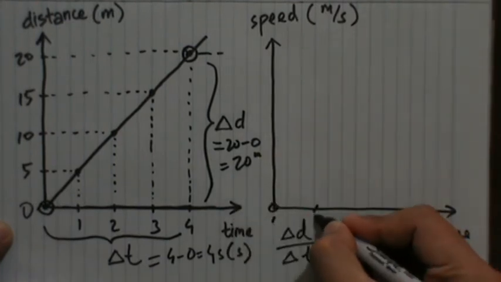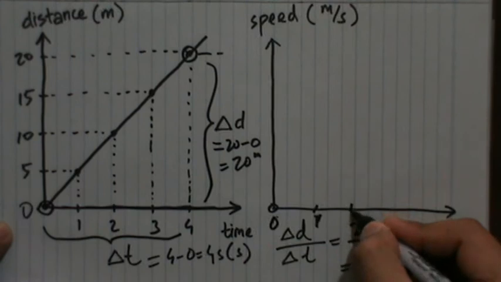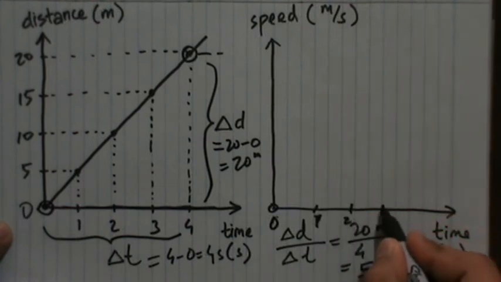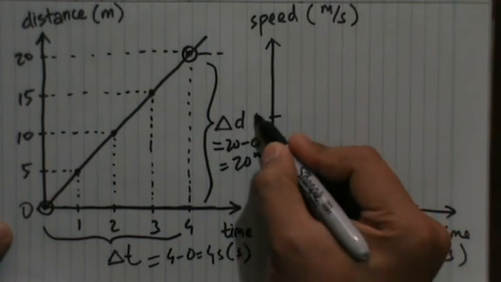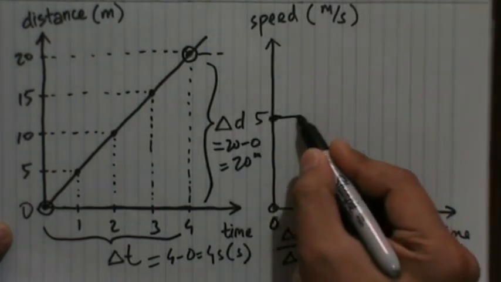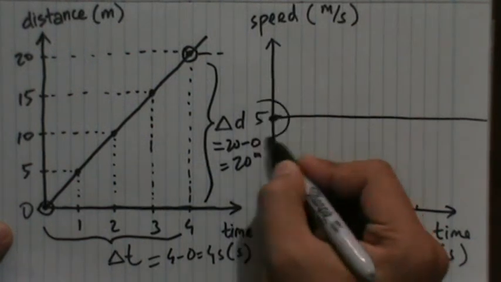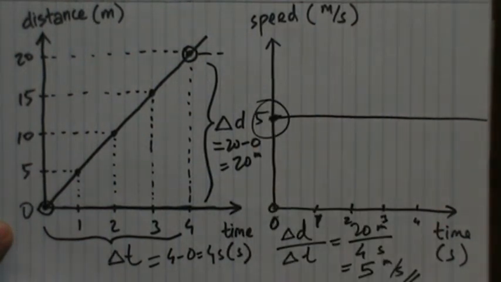So if you draw the speed versus time graph, you will get that the speed is 5 meters per second. Of course, this is simple math to obtain the speed, but that's the basic idea if you want to go further using what's called derivatives or calculus. But don't worry about it, we will get into that later.